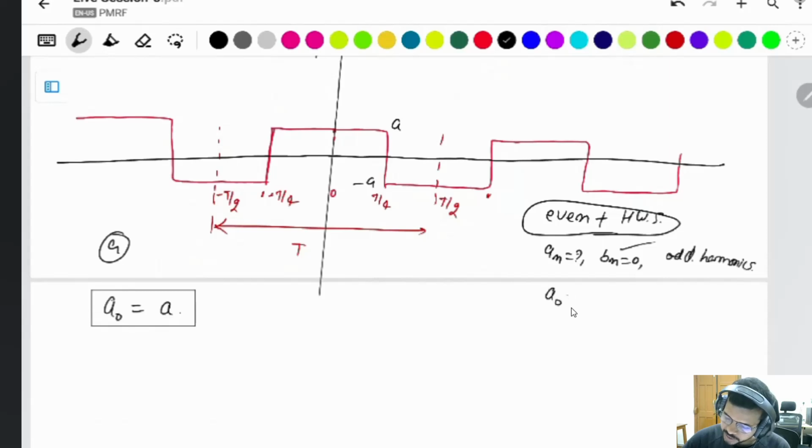A naught is also here because of the hidden symmetry. That's why the value is A, the same value by which we clamped the signal. Then A naught is A, and An we write as for n equal to 1, same as in the previous one.